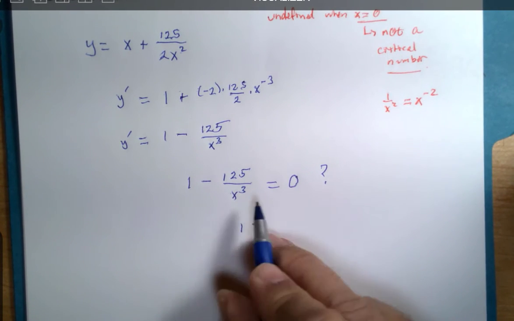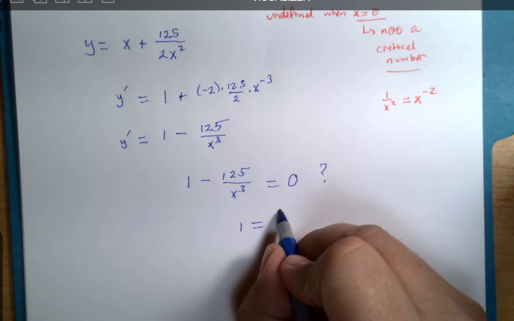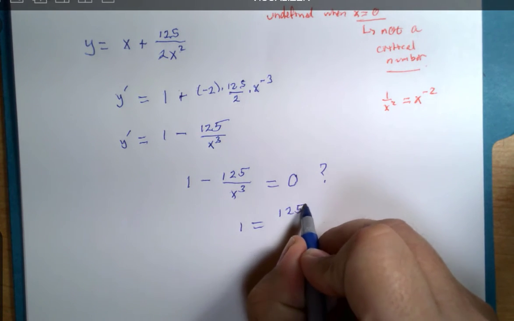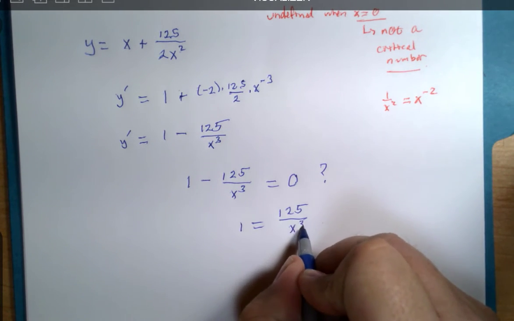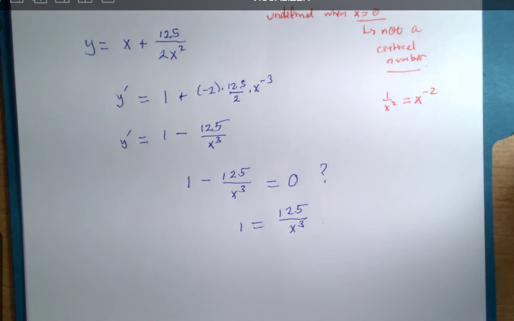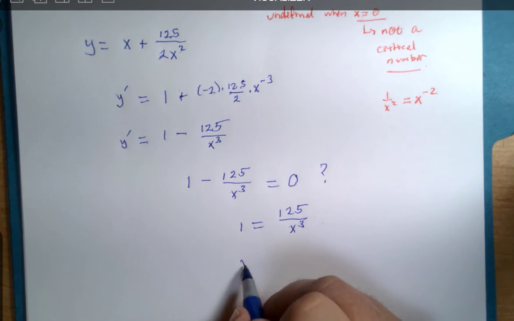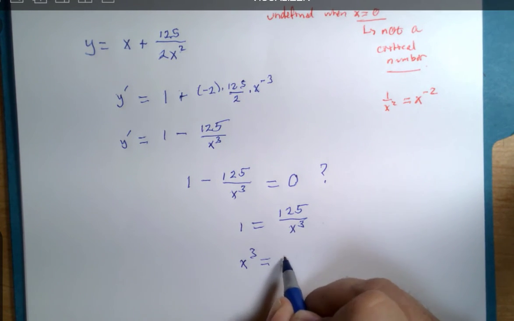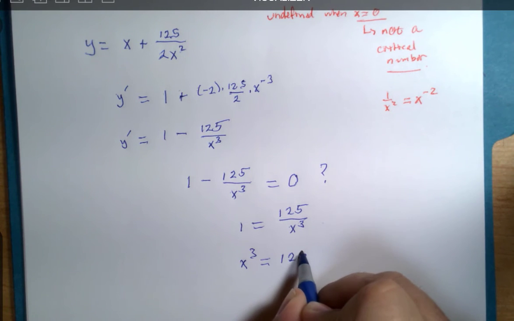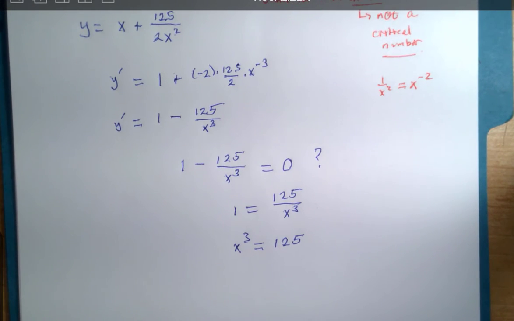1 is equal to, if we add this term to the other side, 125 over x cubed. Do we like fractions? No, but we need to be able to work with them. I'm going to multiply both sides by x cubed. And if you didn't notice it before, now it should be very obvious.